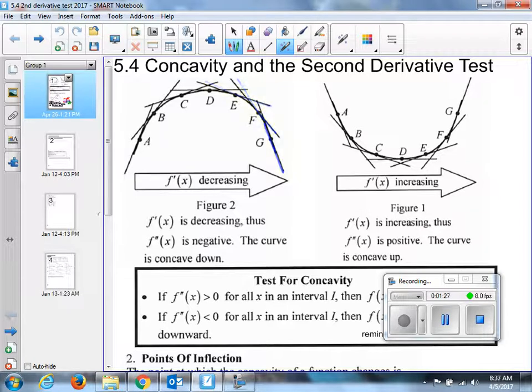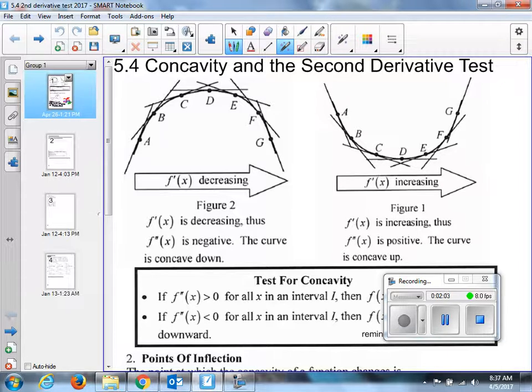If it's a minimum, the first derivative switches from negative values that approach and get to 0 to positive values. So when you switch from positive to negative, that's a maximum. When you switch from negative to positive, that's a minimum, when we're talking about first derivatives.